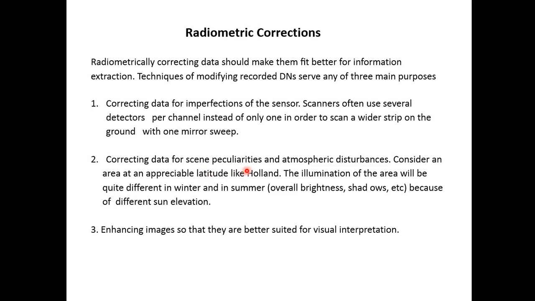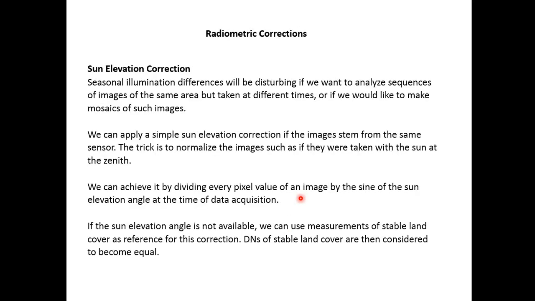We can also correct data with respect to atmospheric disturbances, like clouds, brightness and shadows, with different image enhancements better suited for visual interpretation. Like sun elevation correction, because in mountainous areas there can be shadows and differences in elevation, we can also correct.